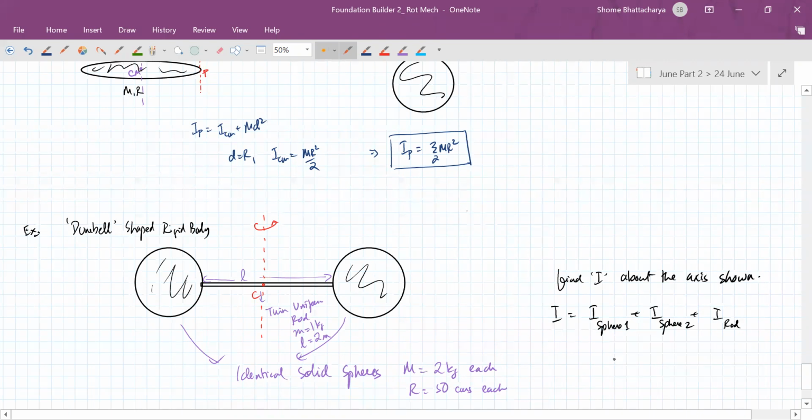And now each of these you calculate by using the parallel axis theorem, and for this use the standard formula. Just try this out quickly.